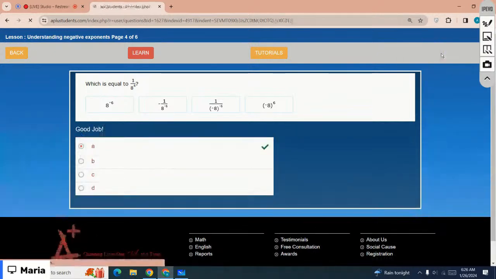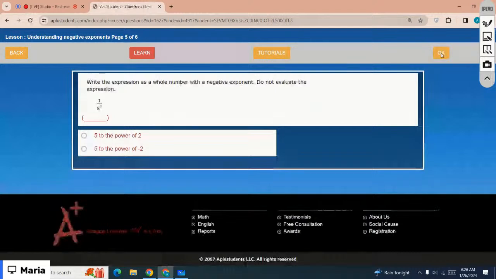The next one is write the expression as a whole number with a negative exponent. Do not evaluate the expression 1 divided by 5 square. Which is the correct option?